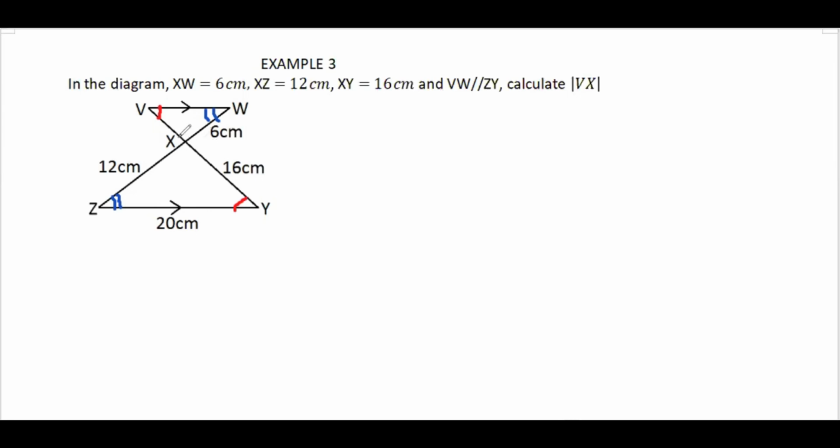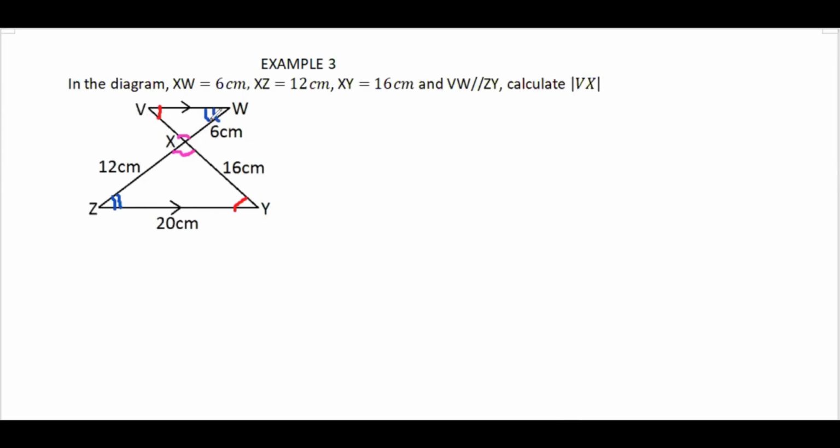The one here is the same thing as the one here. That is vertically opposite angles. So since we are able to establish that the three angles are correspondingly equal for the two triangles, we can conclude that they are similar triangles.